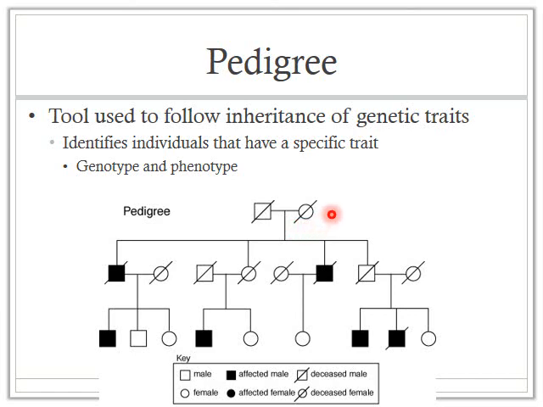So you can deduce the genotype sometimes, but not all the time. Usually these pedigrees are showing the phenotype. And down at the bottom, it says affected male, and that's just another way of saying that the male is showing that trait, and female.